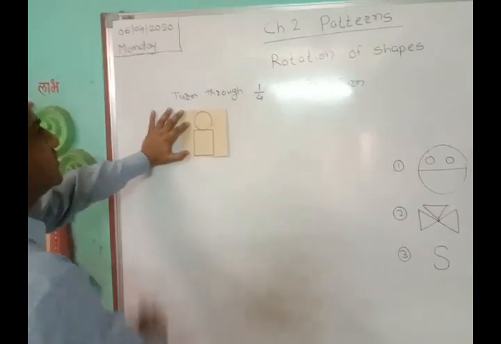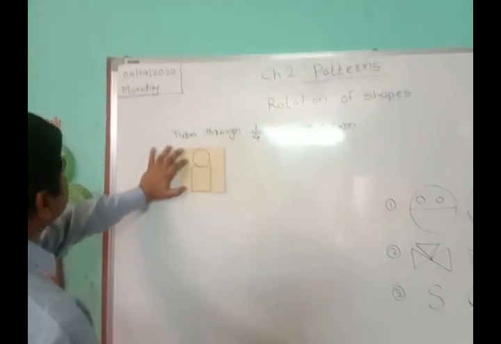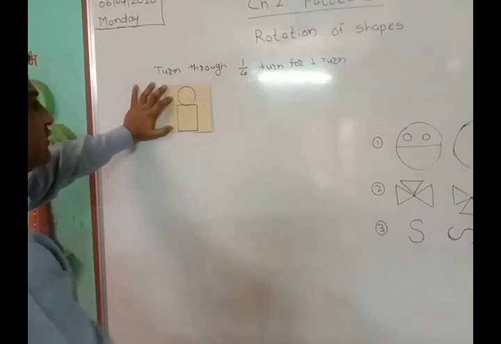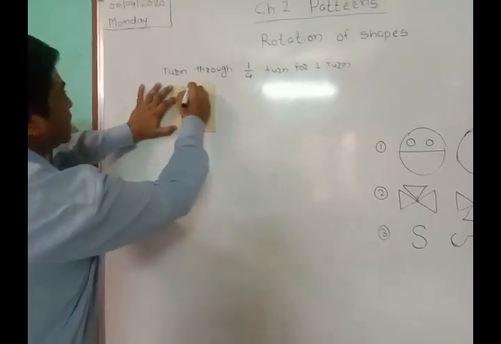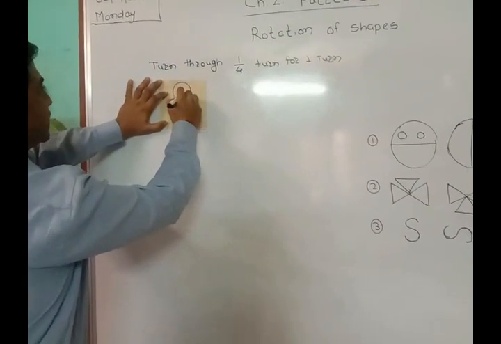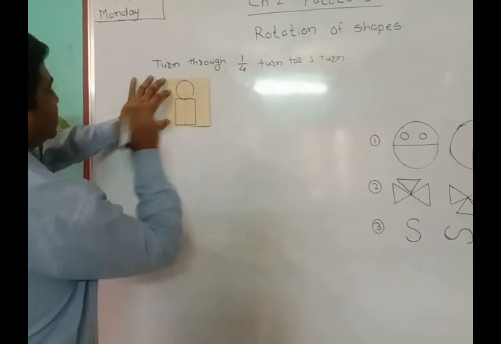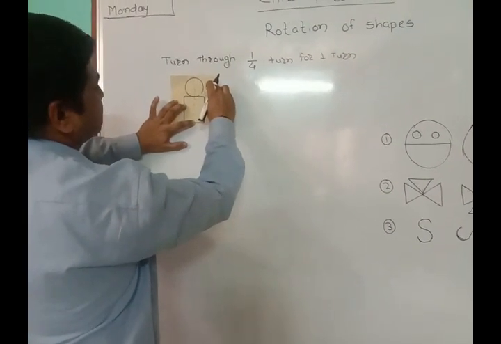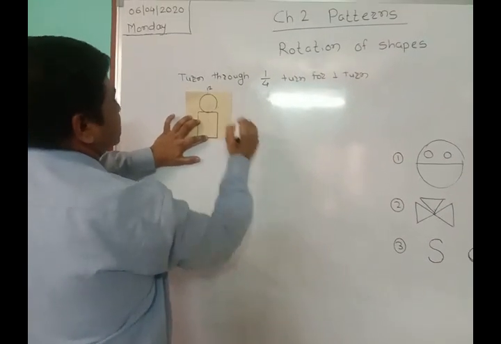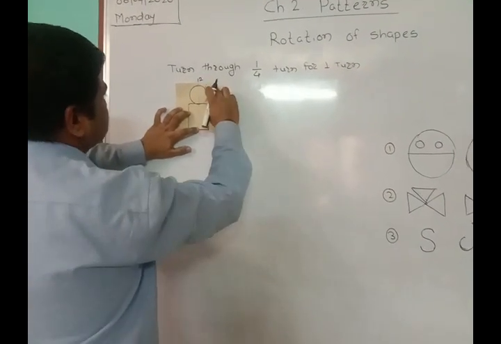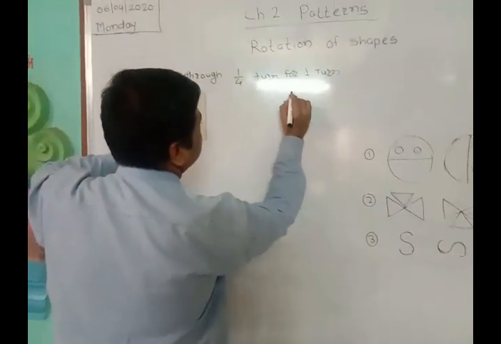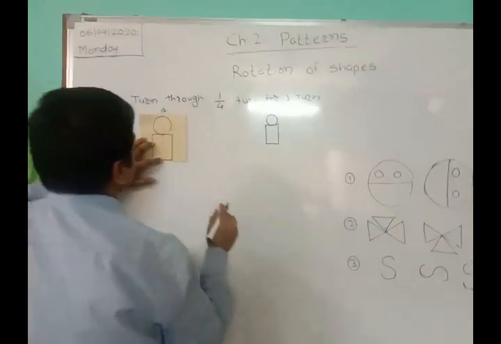Our next figure, it's set again to turn 1/4 of a turn for one complete turn in clockwise direction. So we are going to draw a reference line vertical, and we are going to turn it to the center at the bottom. So from 12 to 3 and 3 to 6. So initially our rectangle is there and a circle on the top.